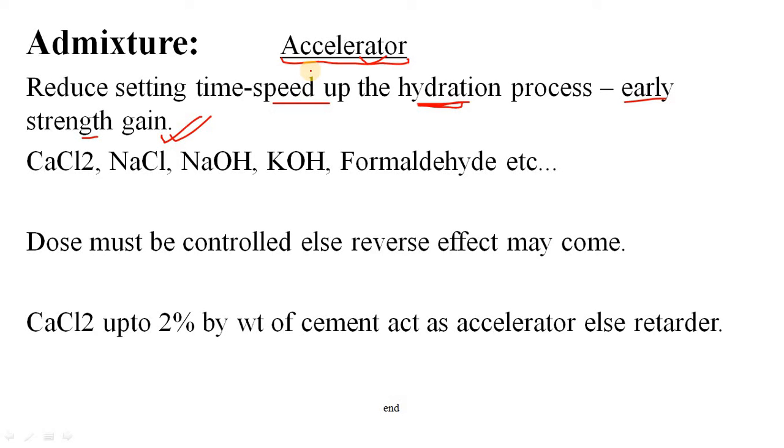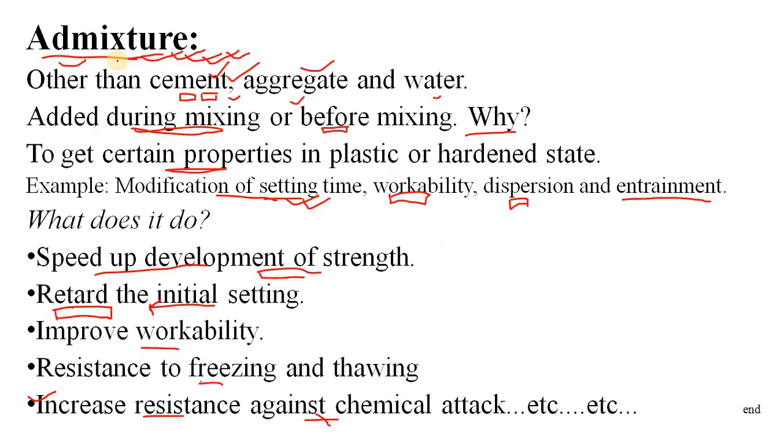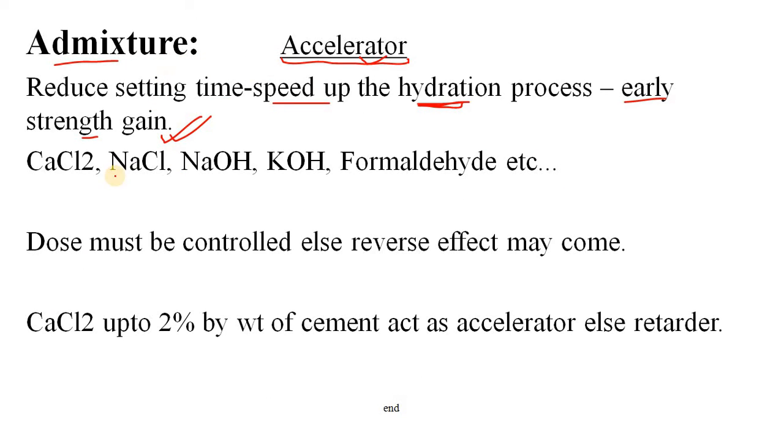Now, which are the accelerator type of admixtures? I have already said in the previous slide that admixtures are certain other things besides cement, aggregate and water. Then what are these? As I told in this slide, these may be organic or inorganic substances. For example, accelerators: calcium chloride, sodium chloride, simple salt.